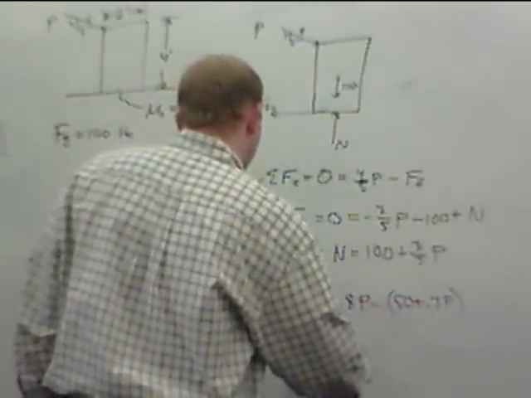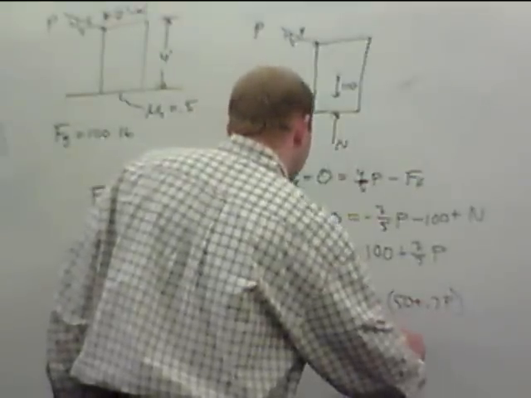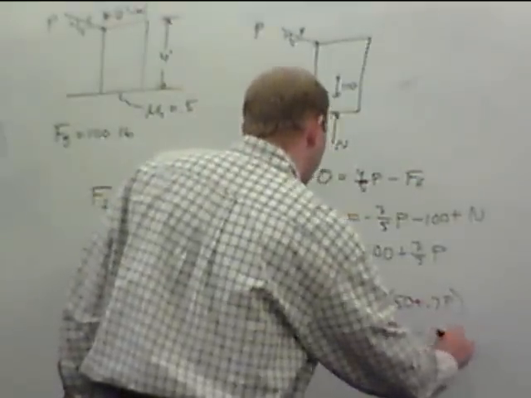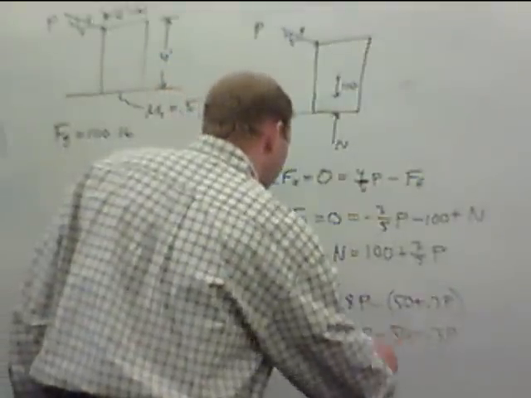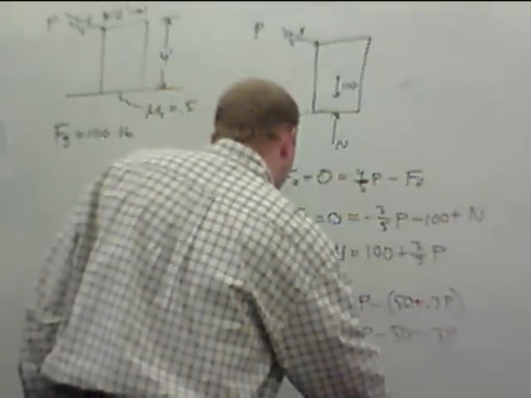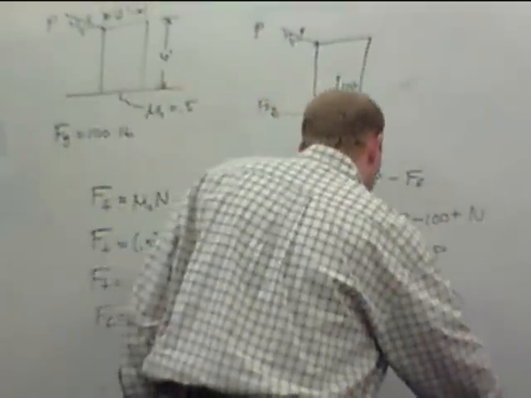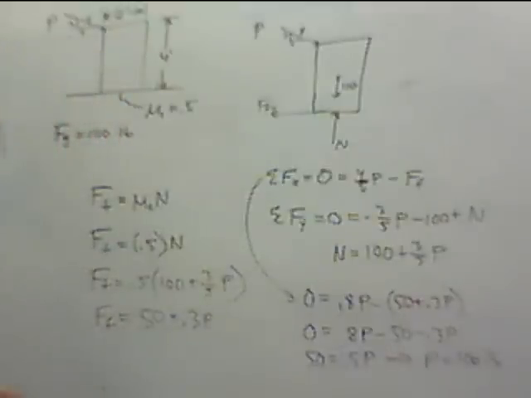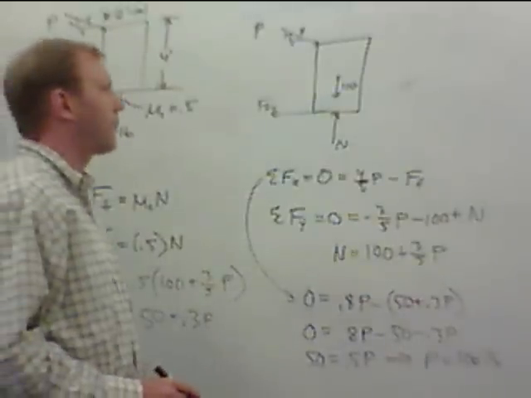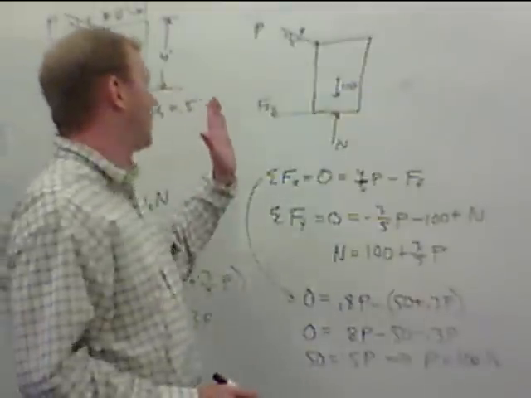We have 0 equals 0.8 P minus 50 minus 0.3 P. 50 equals 0.8 minus 0.3, which is 0.5 P. P equals 100 pounds.